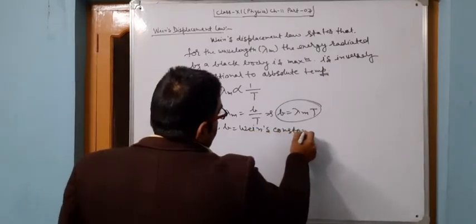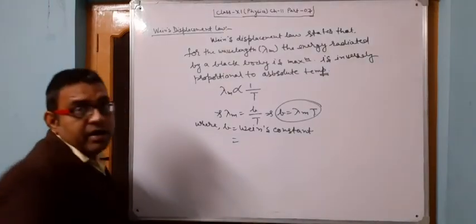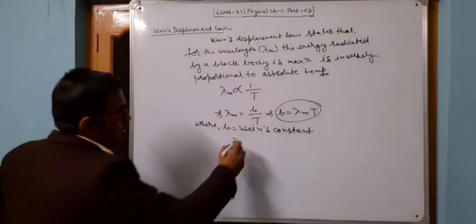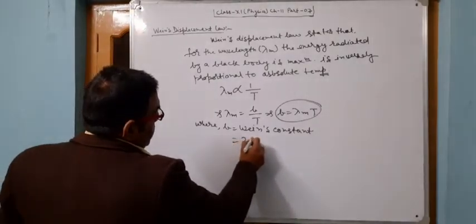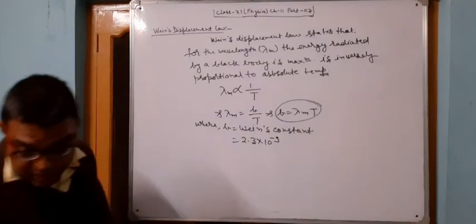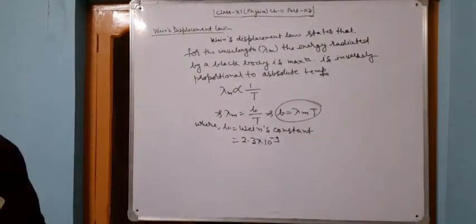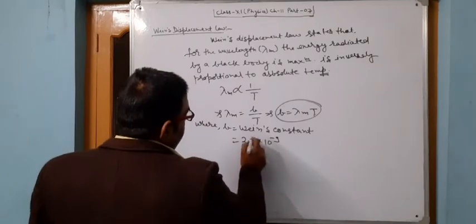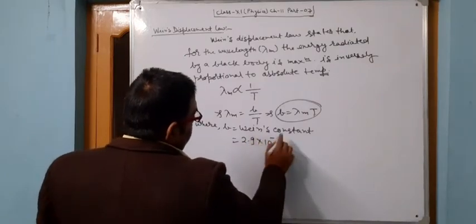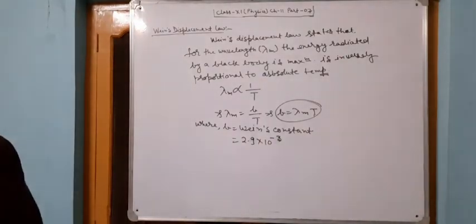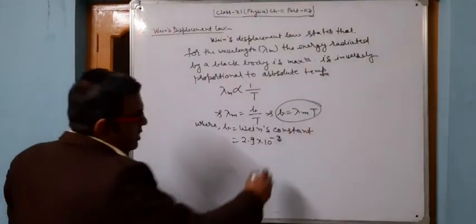B is equal to what? Wien's constant, and its value is 2.9 into 10 to the power minus 3 meter Kelvin.